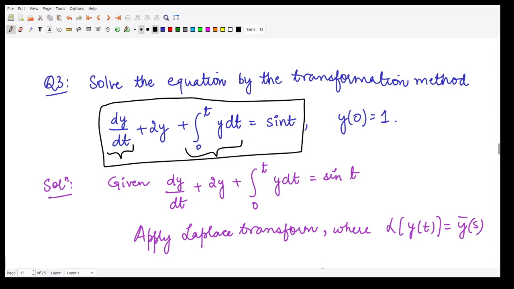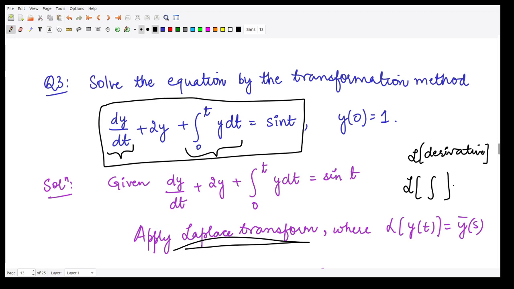So what we will do, we will apply the Laplace transform here, because we already know how to calculate the Laplace transform for derivatives. And in addition to that, we also know how to compute the Laplace transform of integrals, right? So knowing all these things and making use of this, we can solve this very easily.